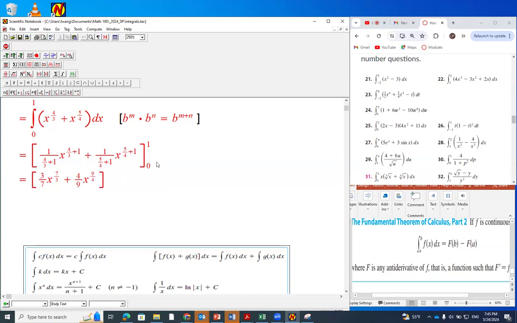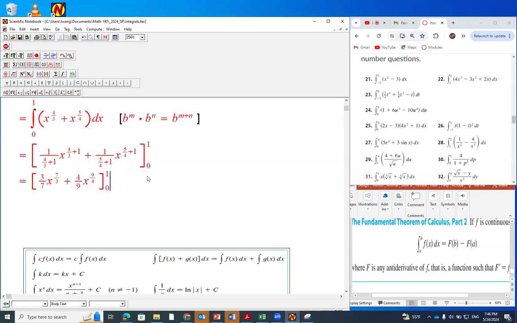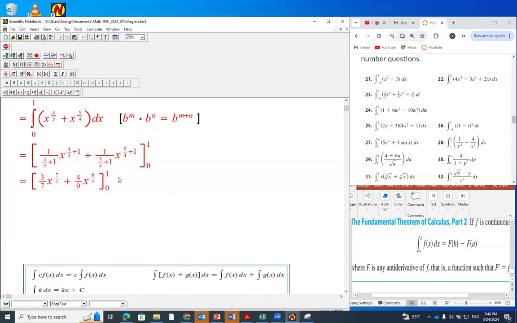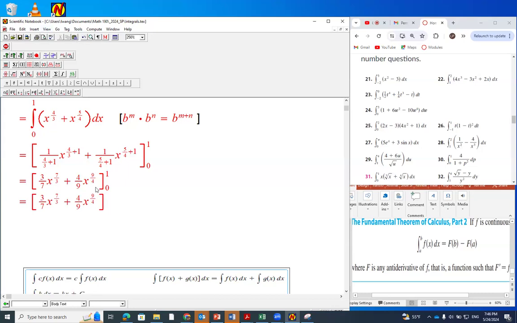It's really about a fraction, right? So we're going to attach these over here. And next, we're going to apply the fundamental theorem of calculus part 2, where you take the bracket, and subtract the bracket one more time.